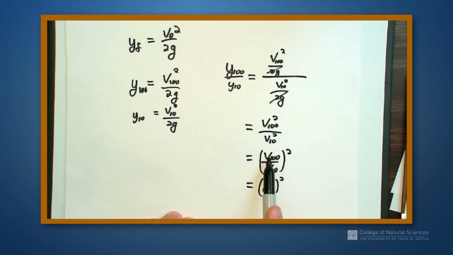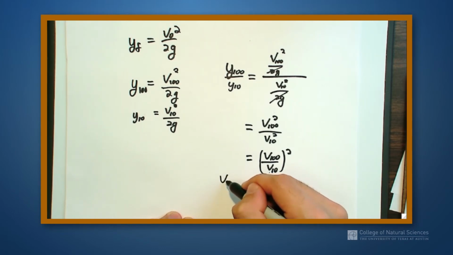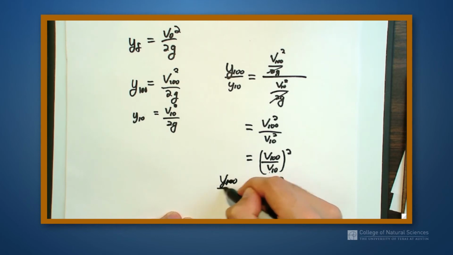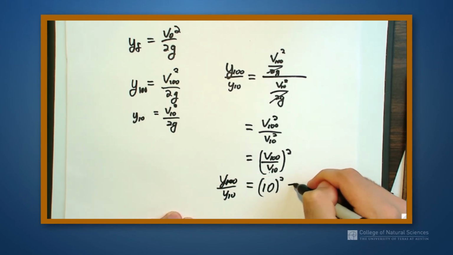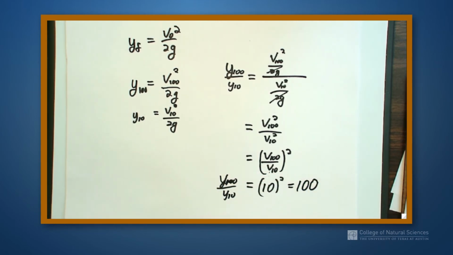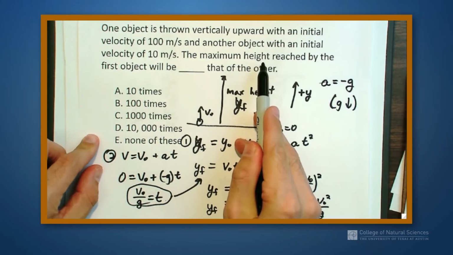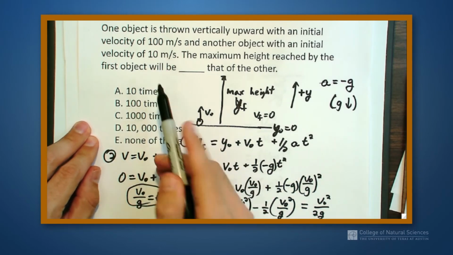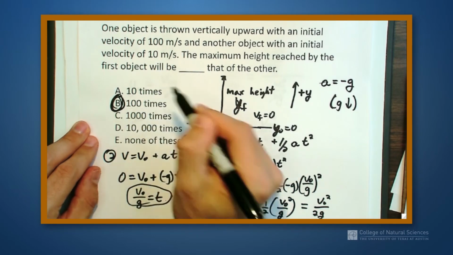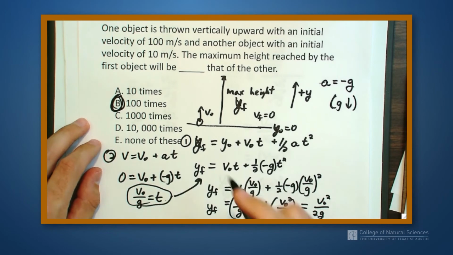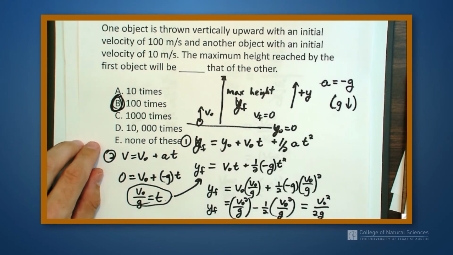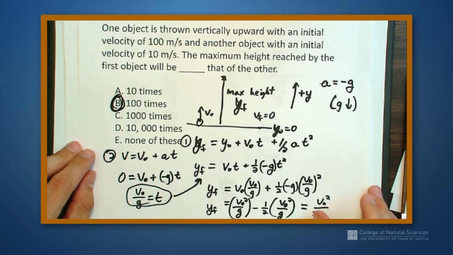The velocity is 10 times larger for this one compared to the first, which means the ratio of my max heights of the 100 over the 10 is a factor of 100. So if I look back at my original values, it says how much higher does the 100 go than the 10? The 100 goes 100 times more. It's only 10 times larger in its initial velocity, but it goes 100 times higher.